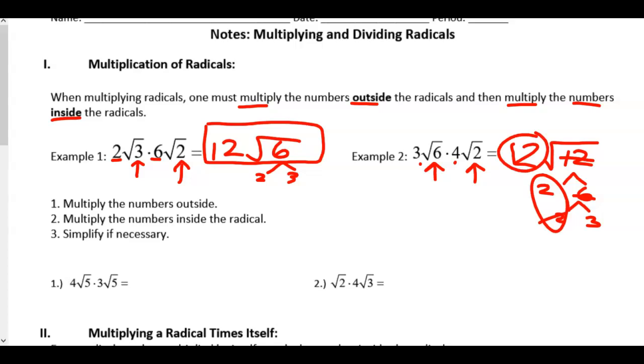The 12, right? The 12's already outside. I have a pair of 2, so those are going to multiply together. 12 times 2, 24. And my loner is 3. So you see how you might have an extra step where you need to reduce the radicals like we've been doing last week? All right.